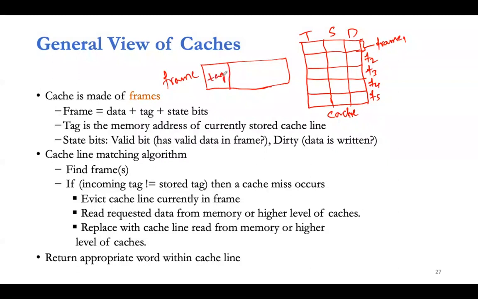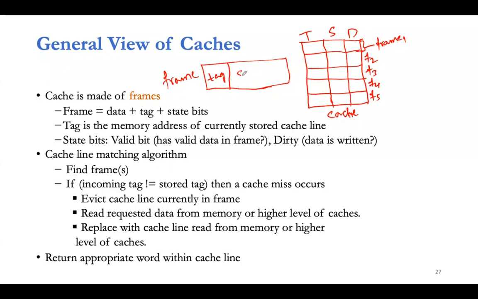The tag is the memory address of the cache line, which is fetched from the main memory. This tag will be evaluated based on the cache line fetched from the main memory.